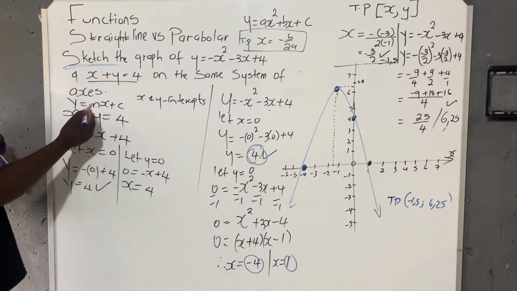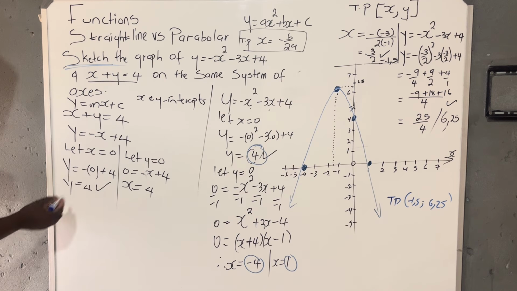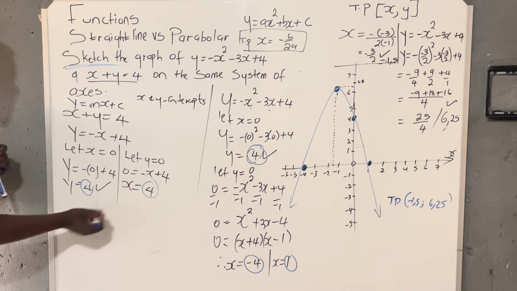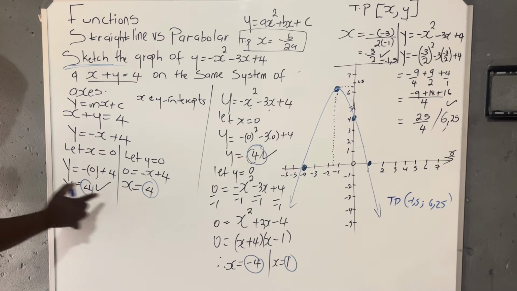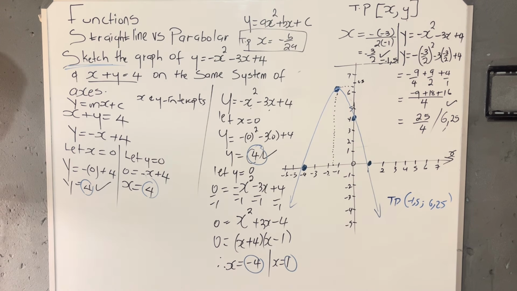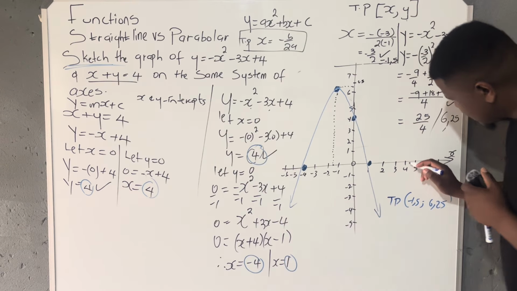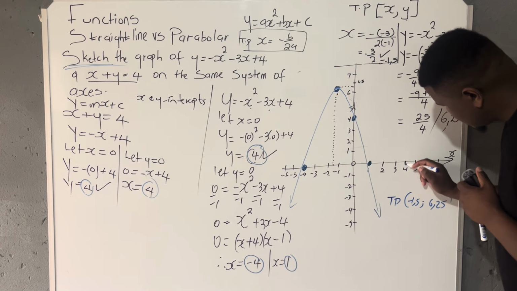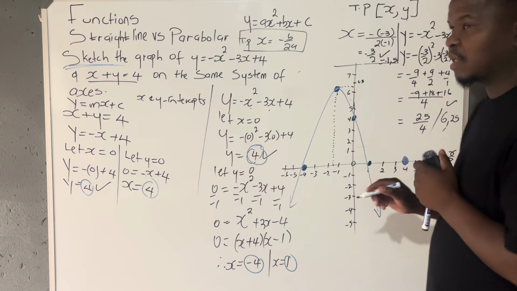Now, because they say on the same system of axes, they want you to also draw the graph of a straight line right on top of that one. Now let's go and locate where x is 4 and where y is 4. So here is my x of 4. And now I'm talking about a straight line.